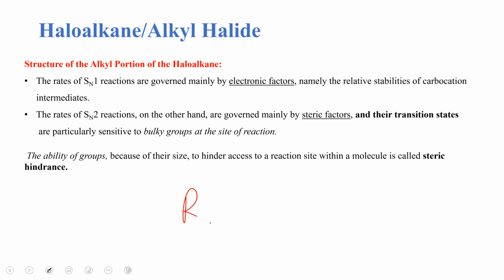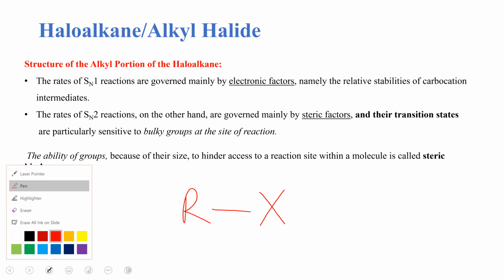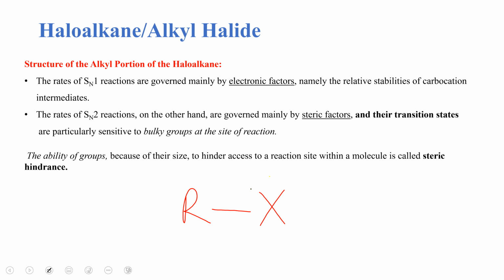So let me draw this. This is the general structure of a haloalkane. We have discussed this halogen as a leaving group. We already have covered that in a section.